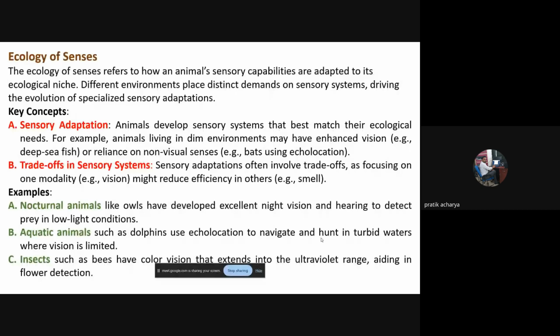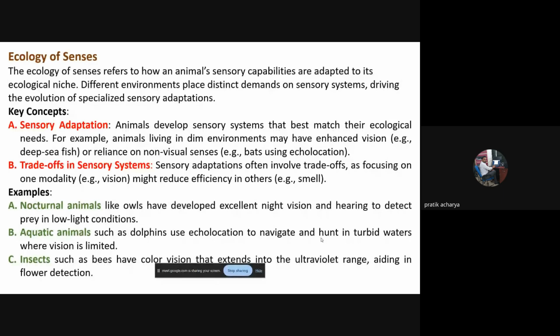Now we'll go for the ecology of senses. Ecology of senses refers to how animals' sensory capabilities are adapted to its ecological niche. What do you mean by ecological niche? It is the ecological boundary where the organism is situated.